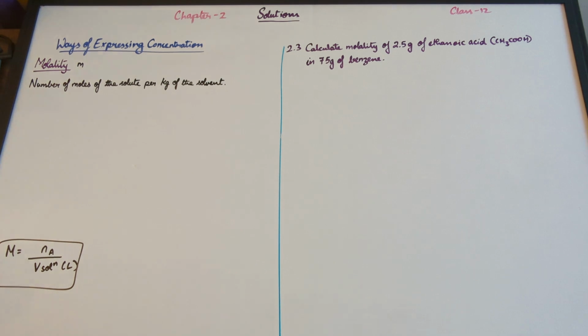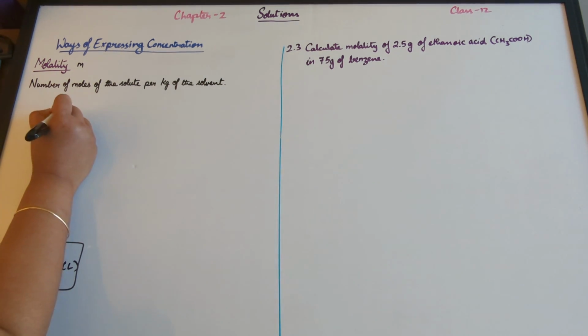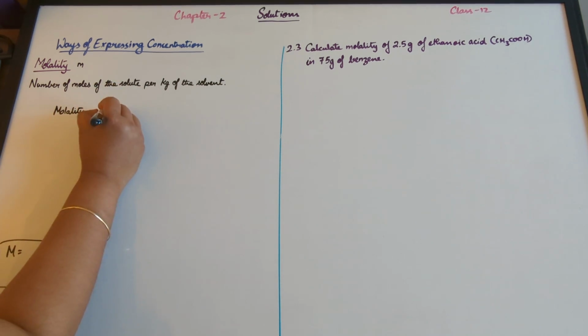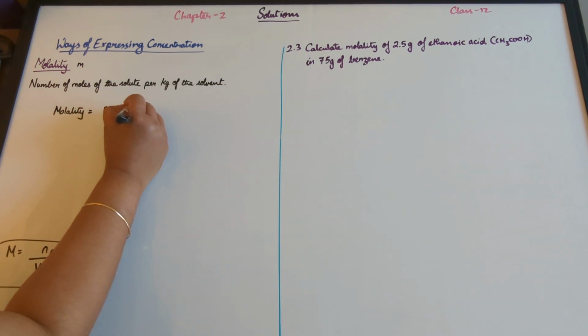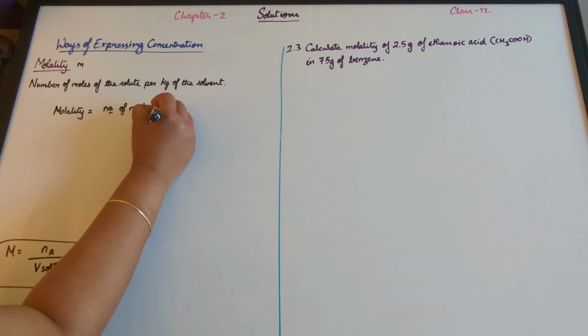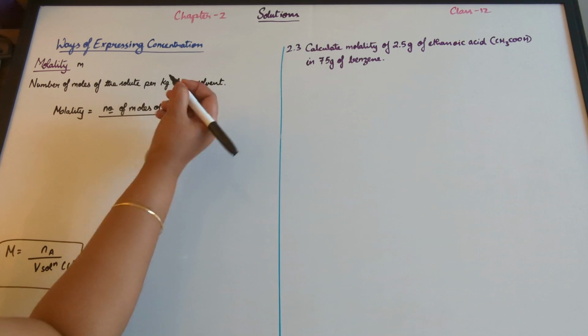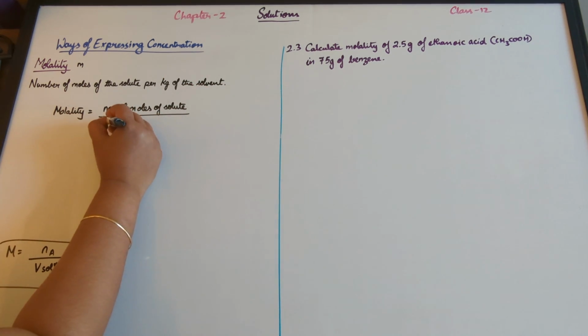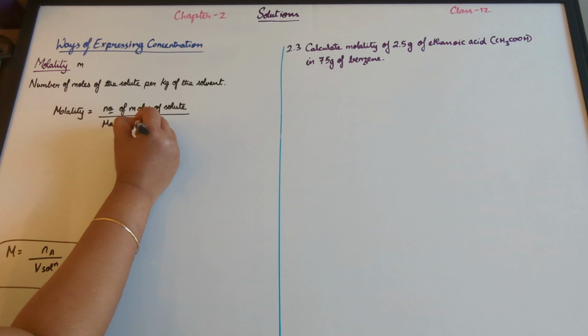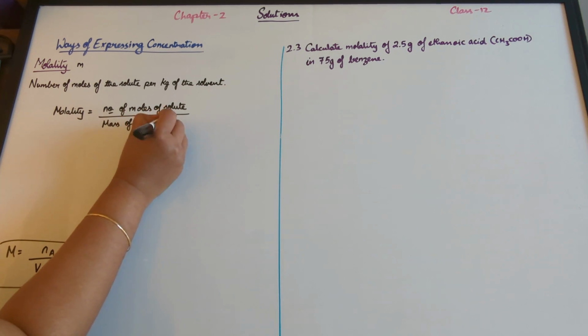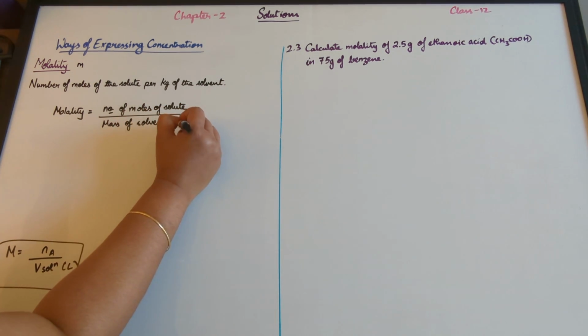So the formula is obviously going to be molality equals number of moles of solute divided by the mass of solvent in kilograms.